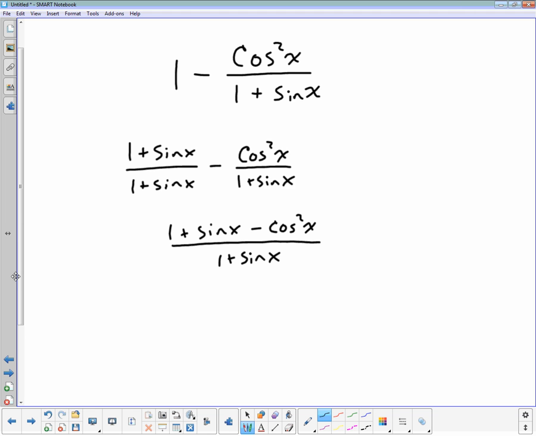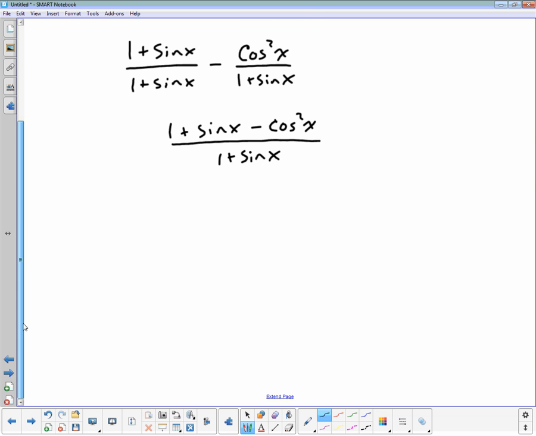There's one thing in there that's different, weirder, uglier than everybody else, and that's the cosine squared. So let's turn it into something of sine, so that hopefully we can simplify and cancel out. So what is cosine squared? 1 minus sine squared.